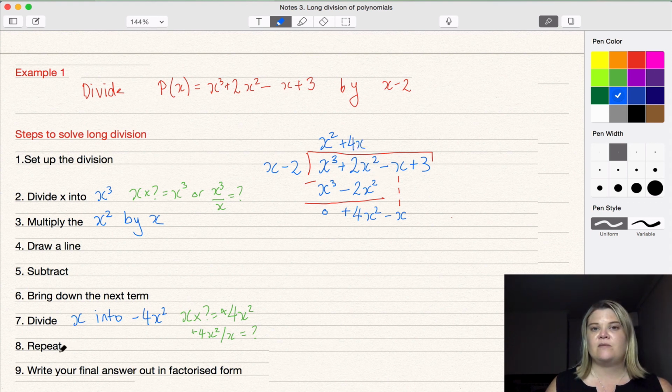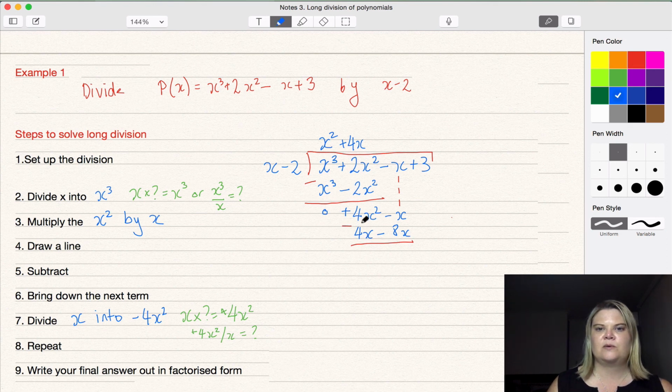I've got for step 8 repeat because we're going to go back to up here and keep going through each time. Next we need to multiply to check. 4x times x, 4x squared. Check that they're the same, and they are. 4x times negative 2, negative 8x. Next step, draw a line, subtract.